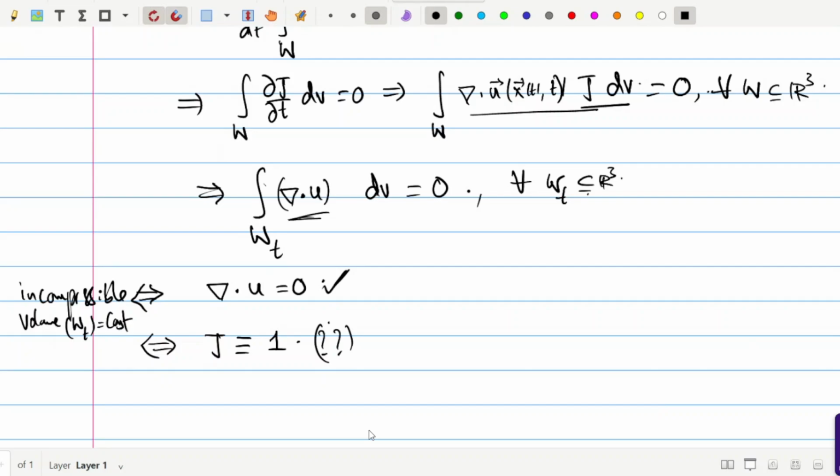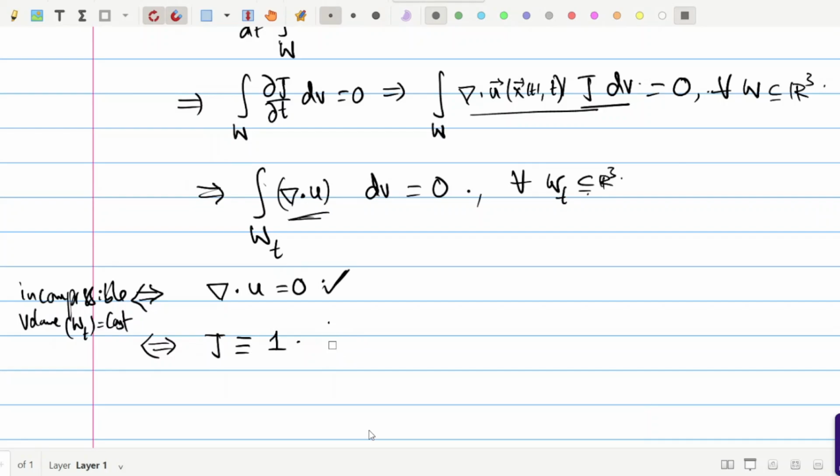The left hand side is 0. So the transport equation will give you the integral over Wt. If you convert everything, the J is there on both sides, right? So is there any other information that you have? Why J equal to 1?